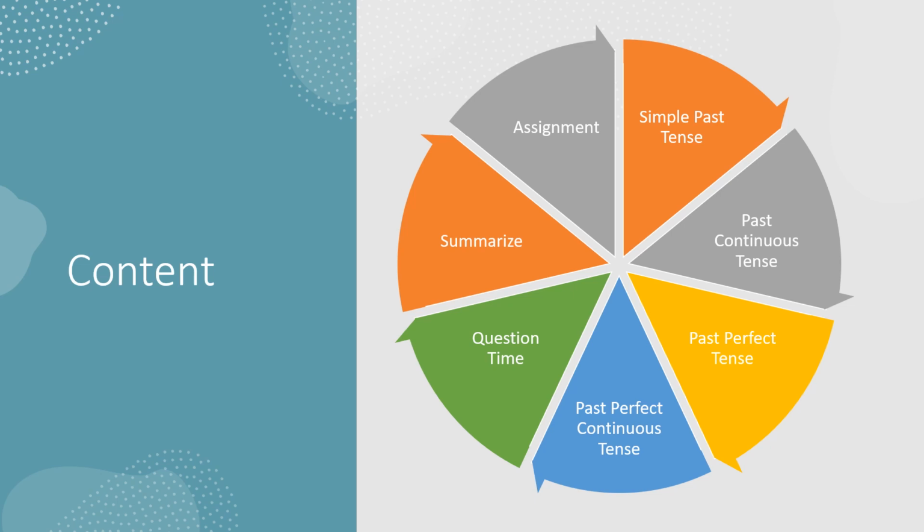We'll look into all of these 4 forms with definitions and lots of examples. And then comes my time to ask you all questions just to see how much you understood. Then, of course, we will summarize all what we have learned, and then the last part is your assignment, which is your classwork and homework.